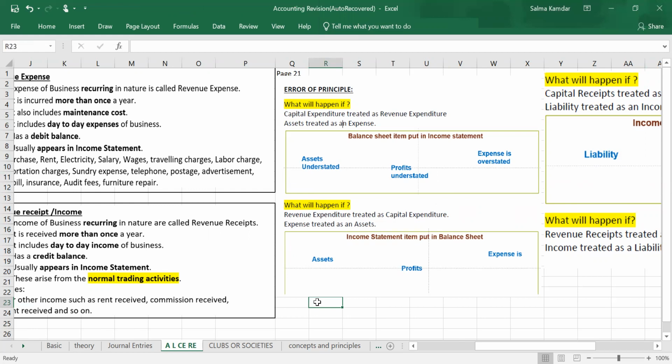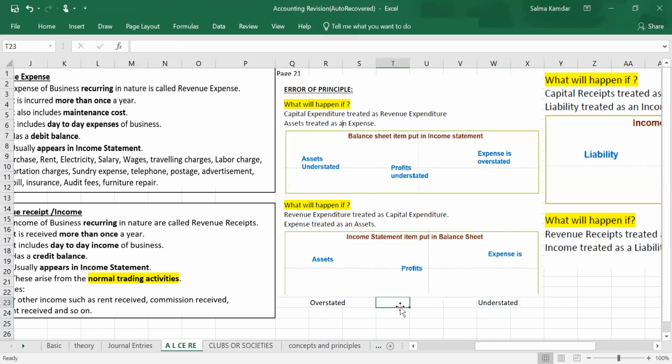Assets would be overstated. Yes, you have treated your expense as an asset, so assets will be overstated and expense will be understated, because you did an expense but you did not treat it as an expense.